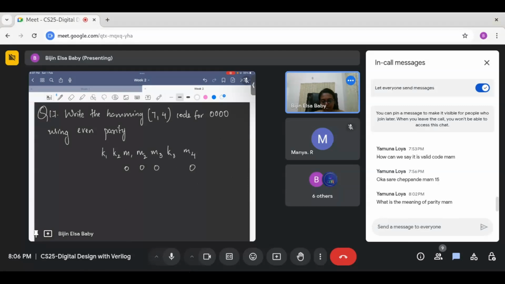Here the message bits are given. You need to find the values of K1, K2 and K3.